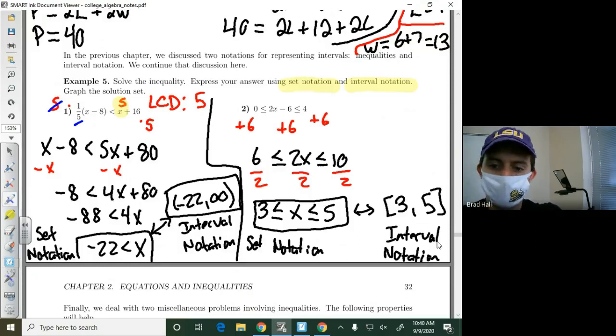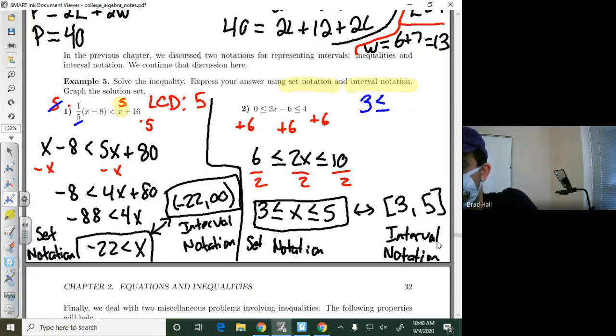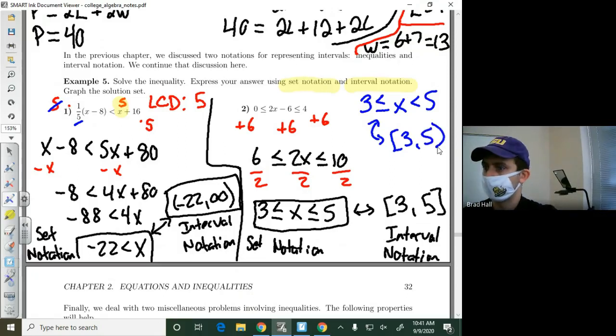So if you had instead something like this, that would equate to a bracket on the 3, but a parenthesis on the 5. It's how the number equates to the equal to part that's adjacent to the number, right next to the number.